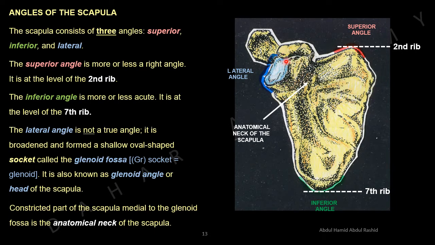So you can call this the glenoid angle, lateral angle, as this is the head of the scapula. Just medial to the head of the scapula, this constricted part is called the anatomical neck of the scapula.